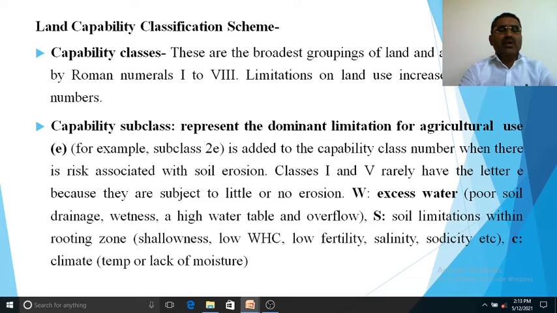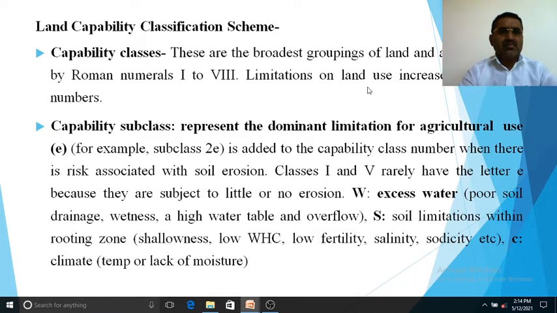Whenever we have to think about the land capability classification, there is one scheme, in the sense of which classes and which subclasses are there. First one is capability classes. These are the broadest groups of land and are designated by Roman numerals 1 to 8. Limitations on the land use increase with higher numbers.